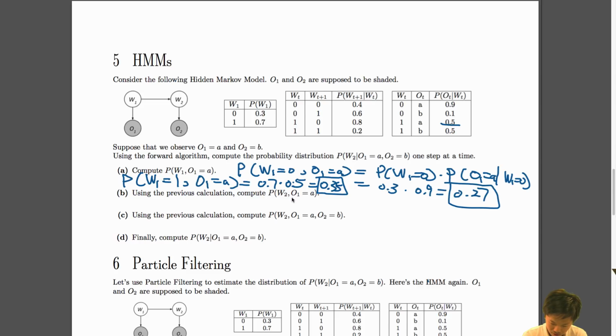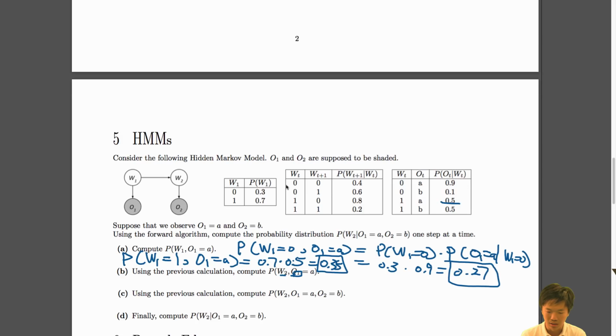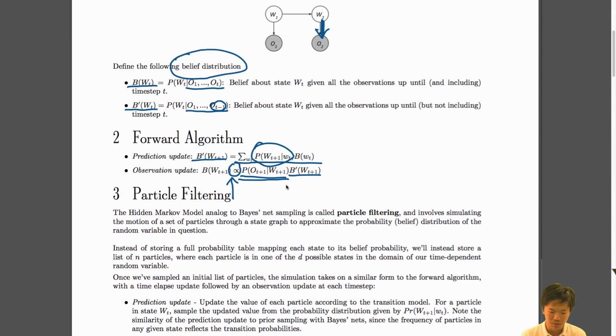And one thing we can notice is that the observation is only up to time step 1 when the hidden state is already at time step 2. So if we recall the prediction update on the top, this is exactly equivalent to B prime of WT. It's because we can see the last observation we see is T minus 1, and we want to know something about WT.